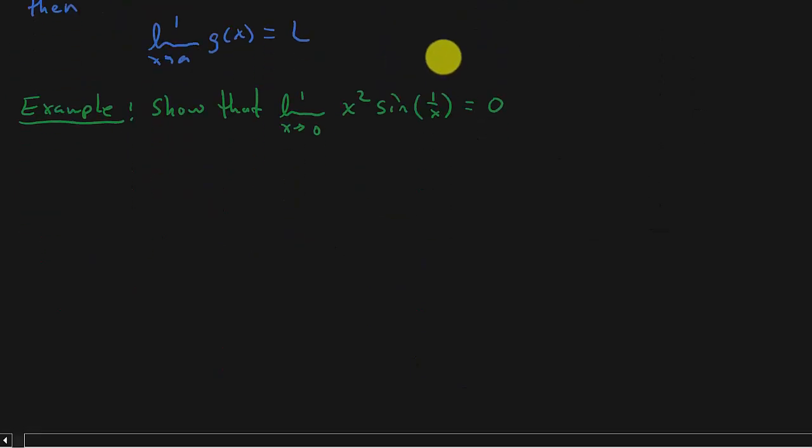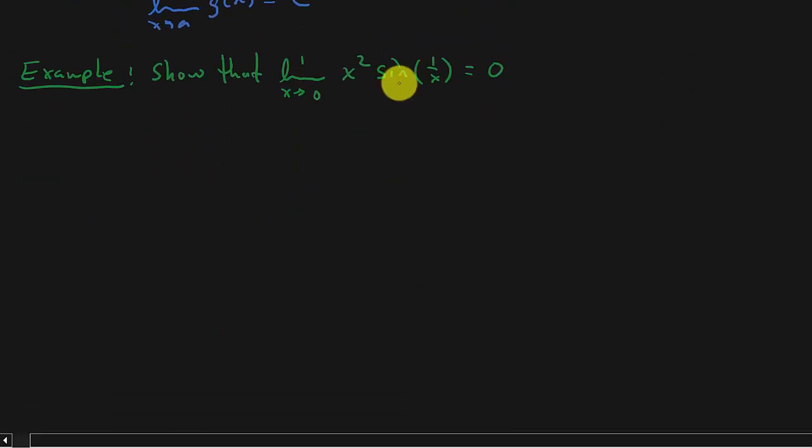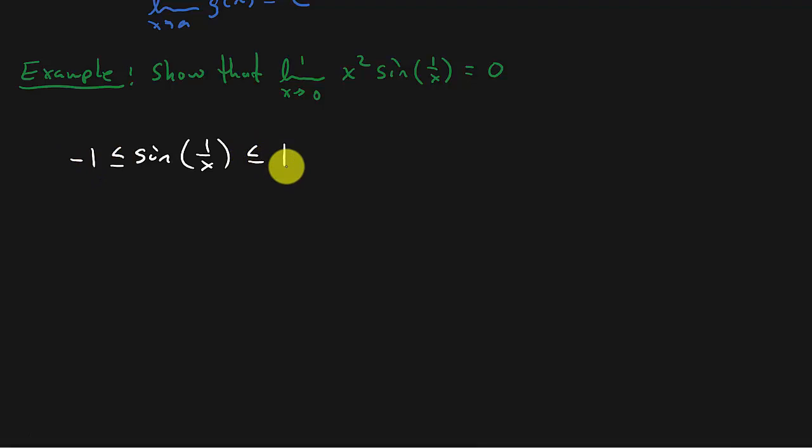So looking at this function I have here, would you agree that the sine of 1 over x is in between -1 and 1? Does that make sense? Because remember, whenever you're taking the sine of a number, it's going to be between 1 and -1.